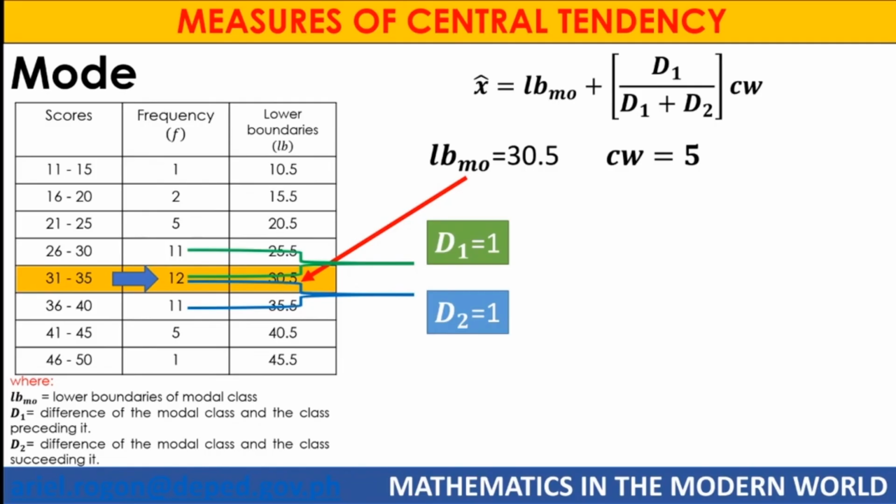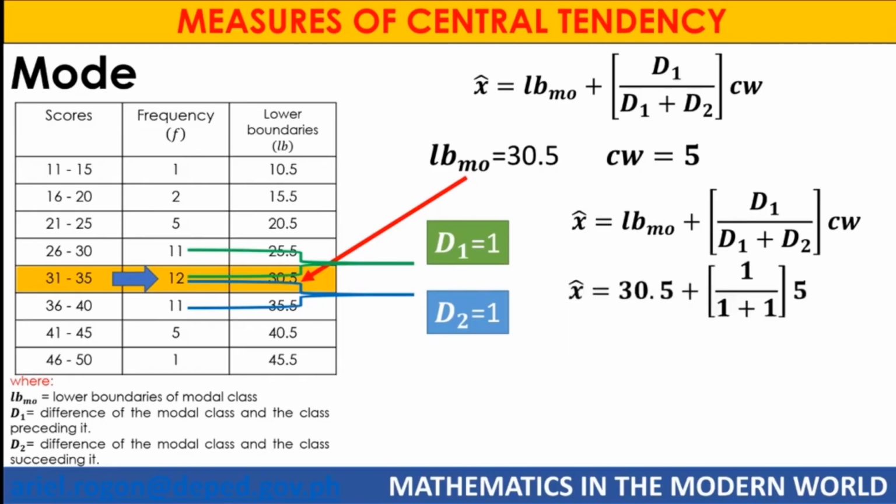All we need to do is substitute our given into our formula. So LB sub MO, or the lower boundary of our modal class, is 30.5, plus D1 which is 1, over D1 which is 1 plus D2 which is 1, times our CW, which is 5.